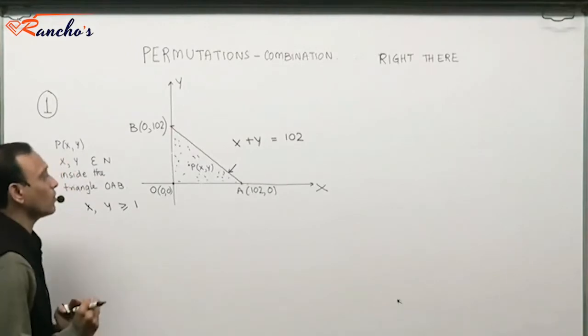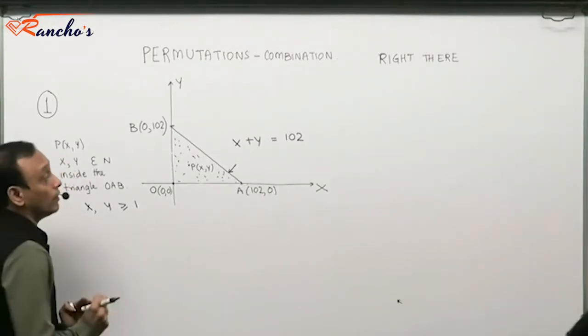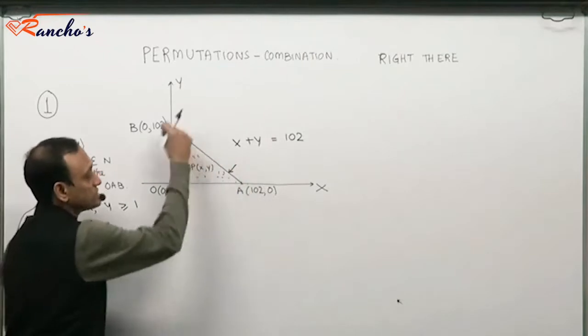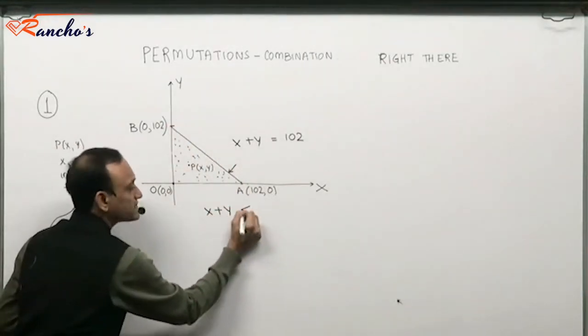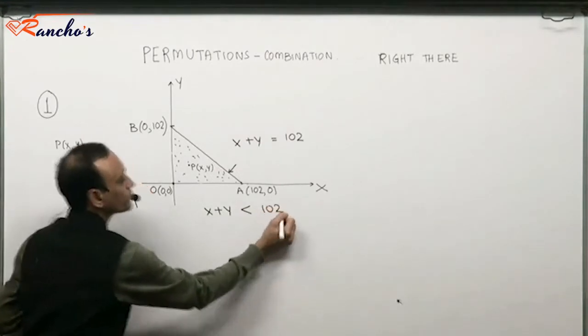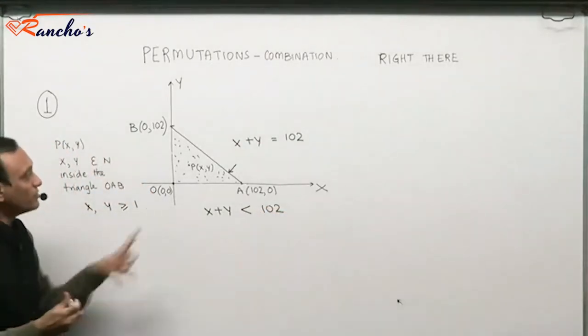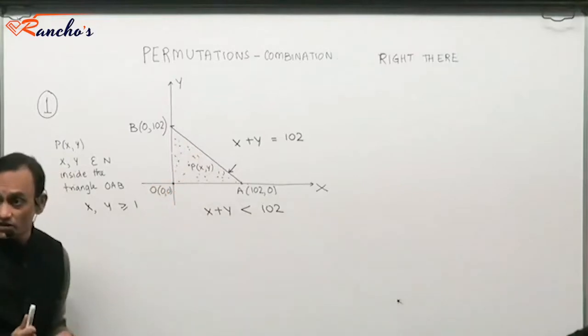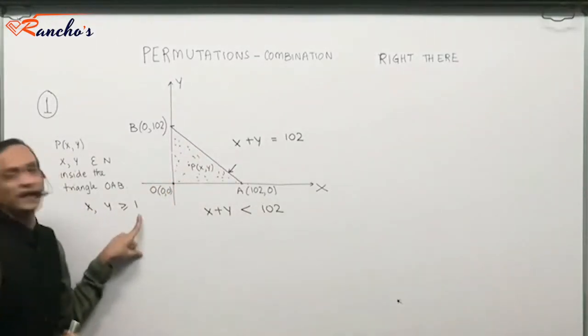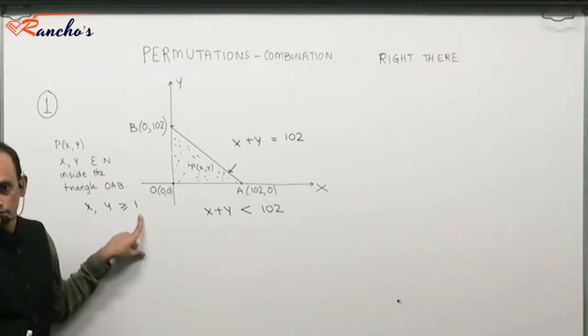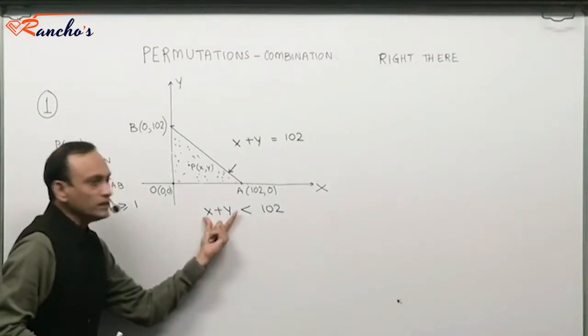What is this region all about? This region is all about x plus y less than 102. Yes or no? This region is about x plus y less than 102, right? In which I want to identify x, y greater than or equal to 1, right? I want to deal with this region.